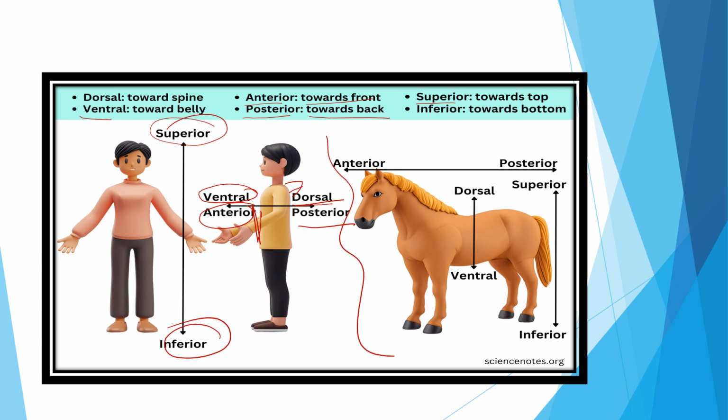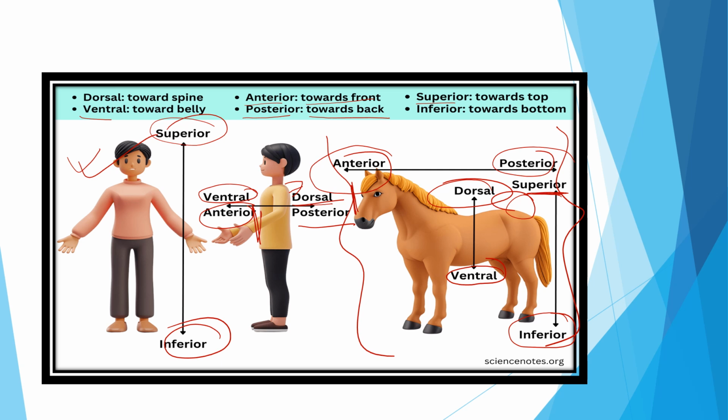In the case of an animal, dorsal is the part towards the spine and ventral is towards the belly, whereas anterior is towards the front part and posterior is towards the back part. Here again superior is the upper part and inferior is the lower part. This is how we can divide the anterior-posterior and the dorsoventral. This diagram makes it very clear, so go through it and understand what is dorsal, ventral, anterior and posterior.